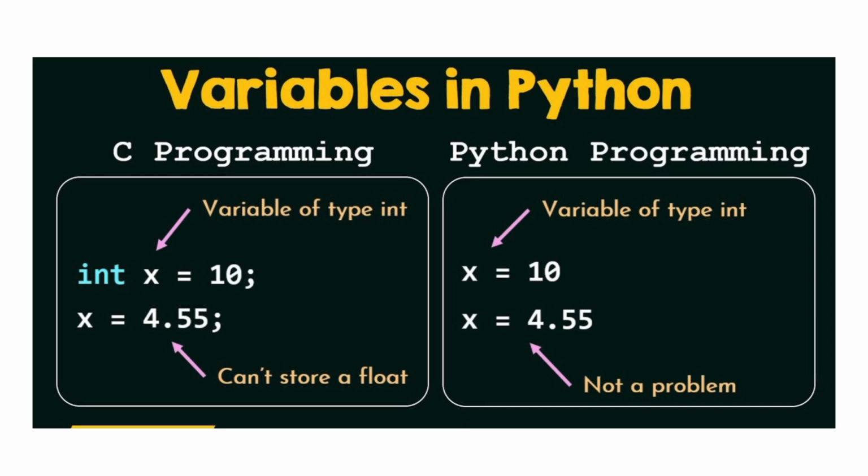And then variables in Python versus C programming: the difference. I would say that the Python programming language is very simple to use, and to declare and assign values. No semicolon is used, and no pre-declaration.